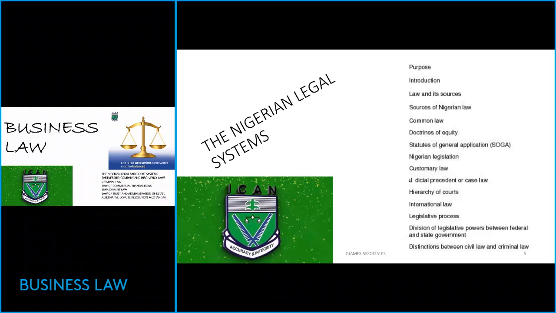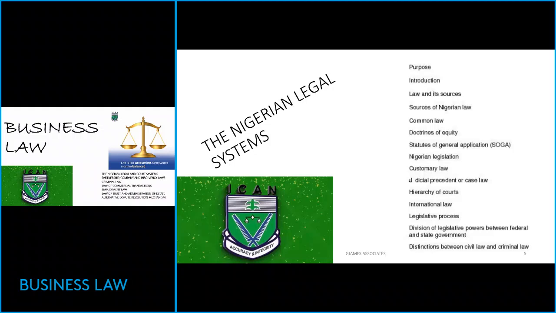The source of law in Nigeria. Basically, the source of law in Nigeria is English law, because after the colonization, we adopted, not adapted, the law from Britain. So basically, the primary source of law is English law or legal system.